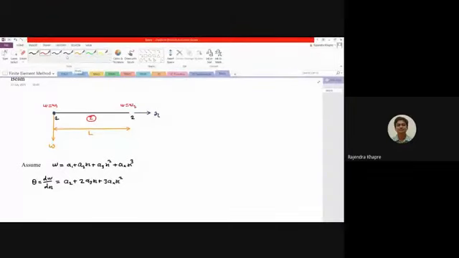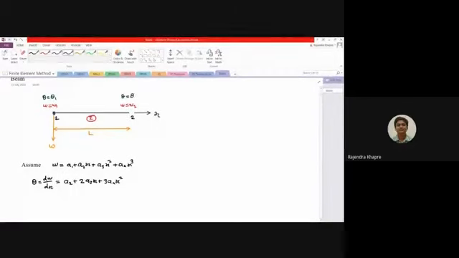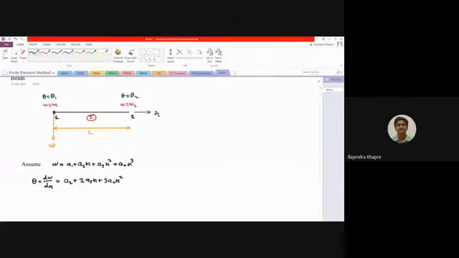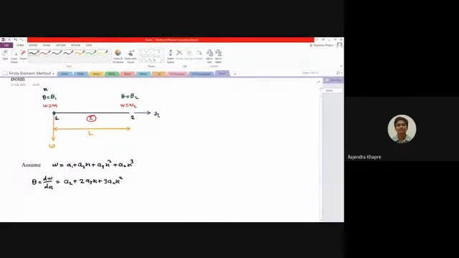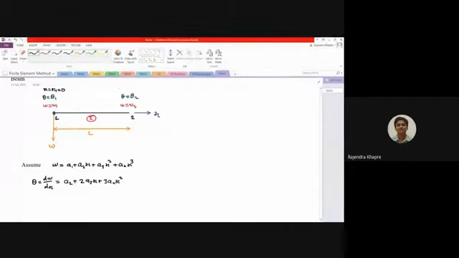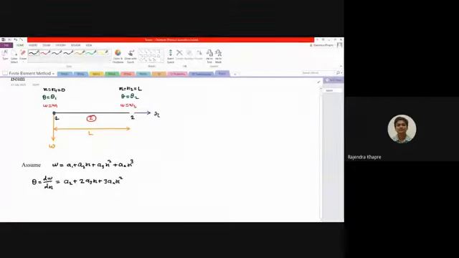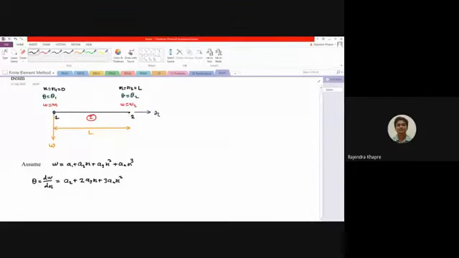As far as rotation is concerned, theta will be called theta1 here and theta2 here. This x will be called x1, and its numerical value will be 0 because you have the origin over here. The value of x at the second node will be called x2, and its numerical value will be L, because the length of the member from the first node to the second node is nothing but your L value.